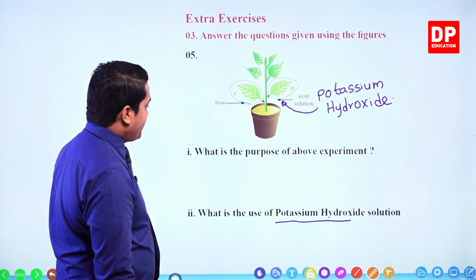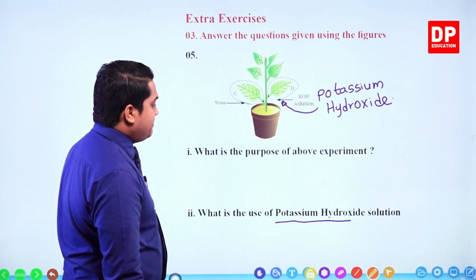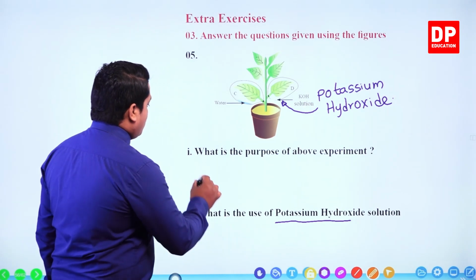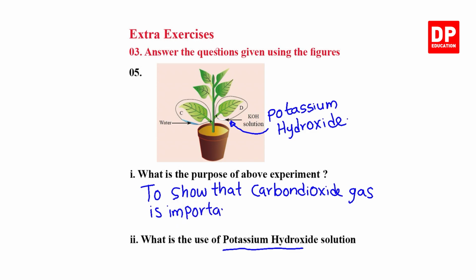So let's see what are the questions that have been asked. So first question, what is the purpose of the above experiment? So the purpose of this experiment is to show that carbon dioxide gas is important for photosynthesis.